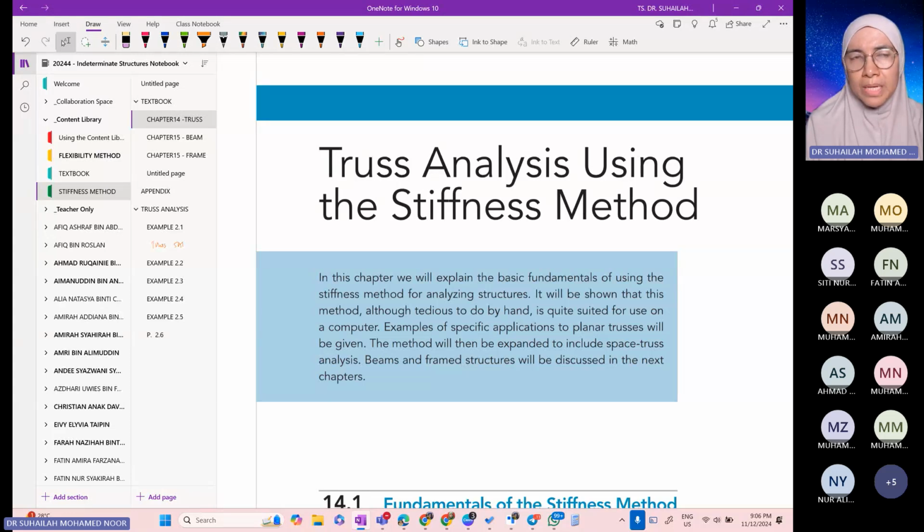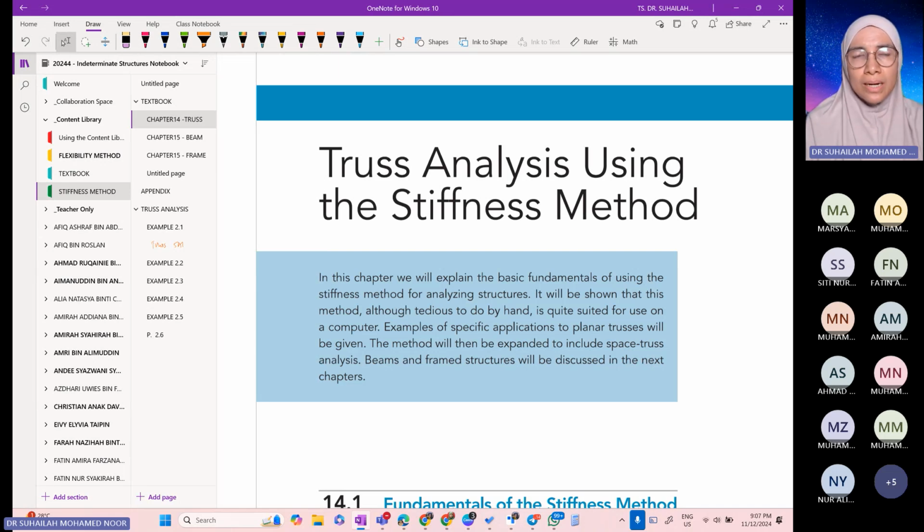There are new terms and a new procedure as well, even though the goal is the same. In flexibility method, we analyze reaction. In truss analysis also, we analyze forces, but before forces, we get the displacement first. Then only we get forces.